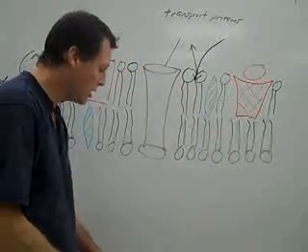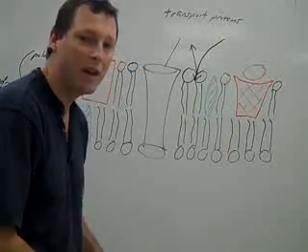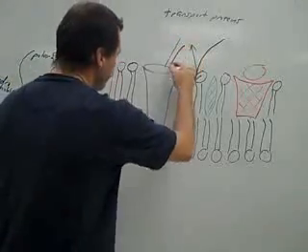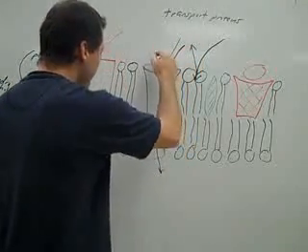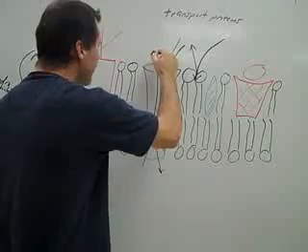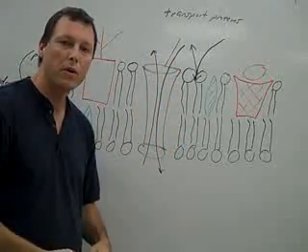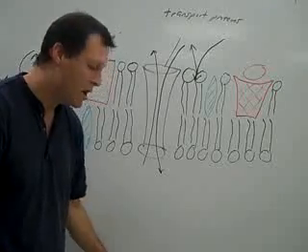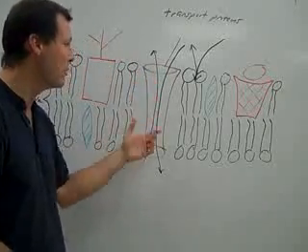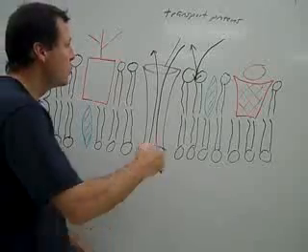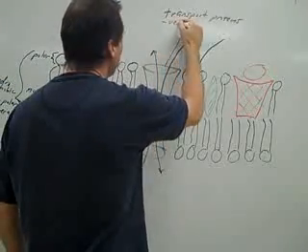Transport proteins are going to allow certain substances to move in and out of the cell. However, there is a caveat. Transport proteins are very, very specific. They don't allow anything to move through them. They are not hollow tubes. So let's write very specific.